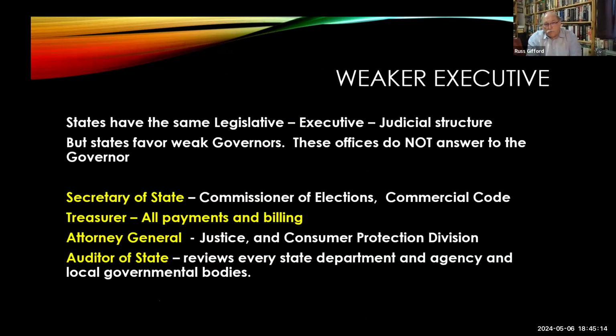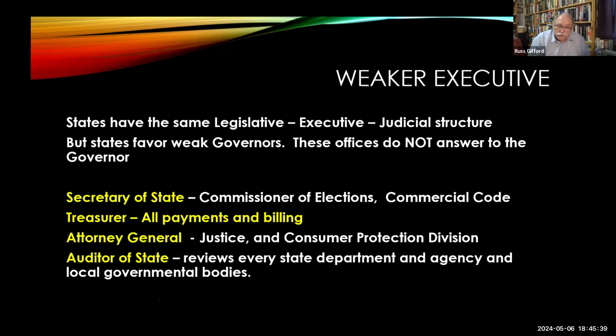All four of these offices that you see here in gold, those are the ones that are all elected individually. And what we see in all of the state constitutions is the concept of this is the voter is the king, right?